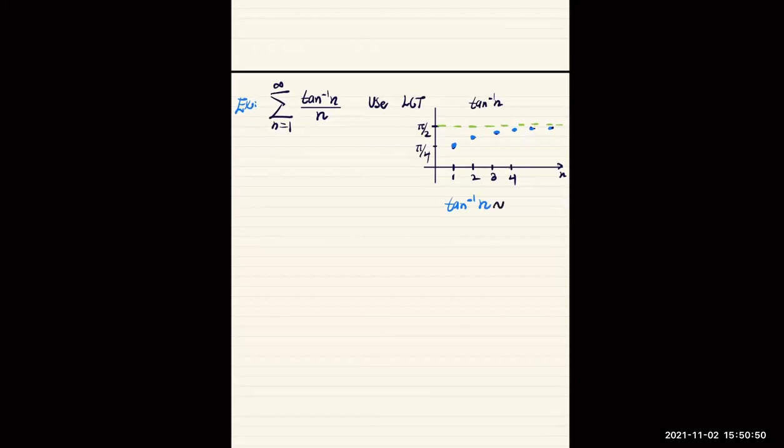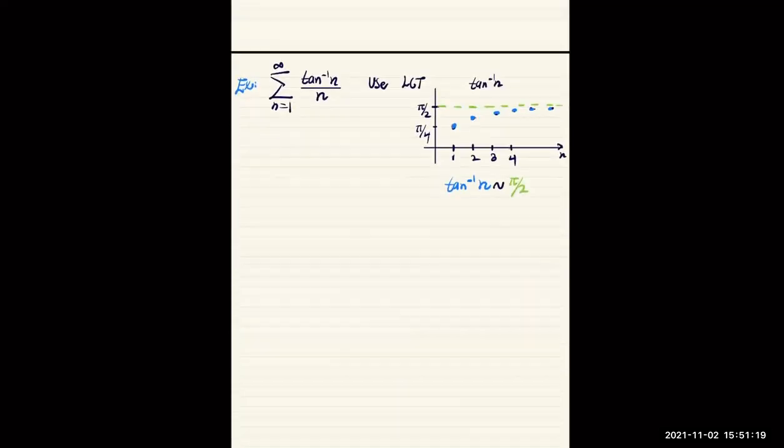This behaves in the long run like pi over 2. You understand that? When you take the limit of tangent inverse, it becomes pi over 2, so it's asymptotic to pi over 2. A function that has a horizontal asymptote is asymptotic to that horizontal asymptote.